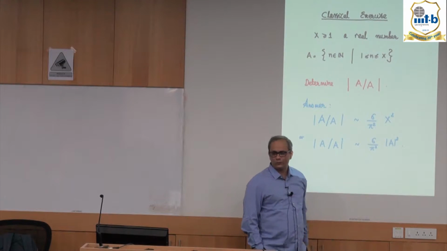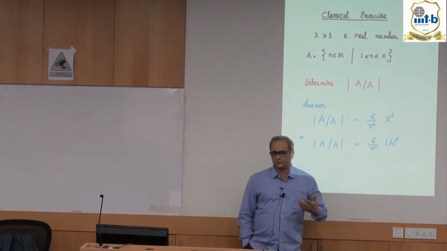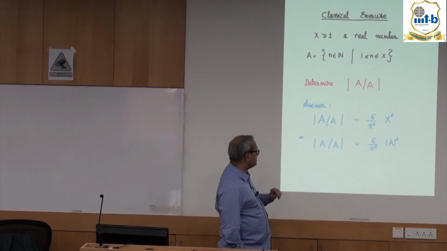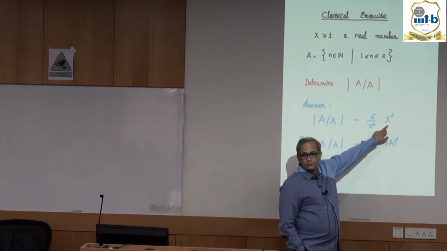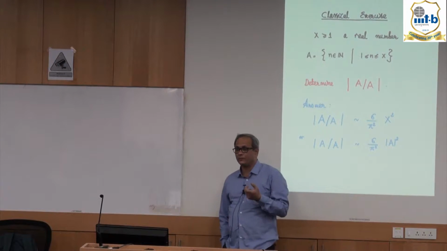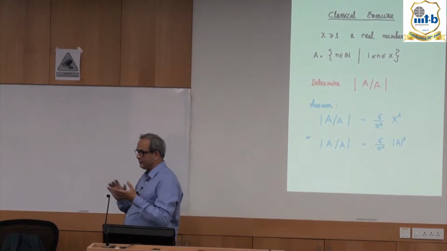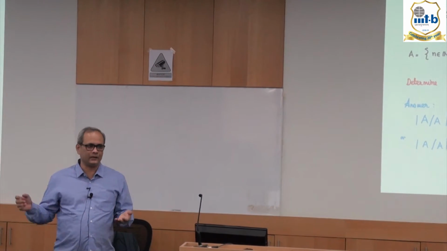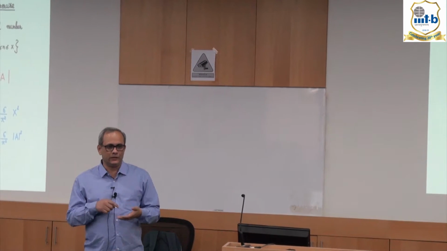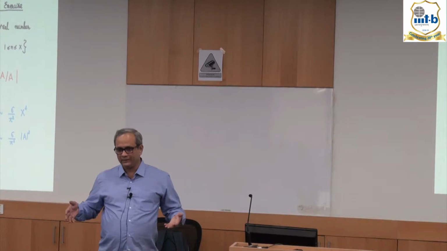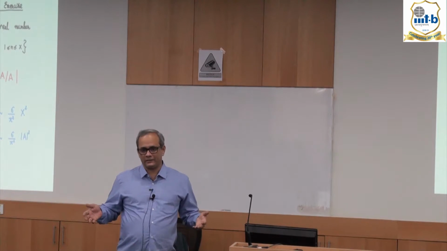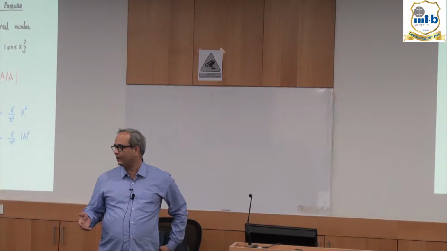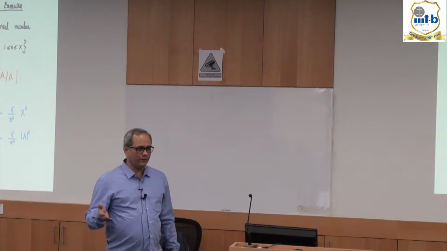You have 1 over the sum of 1 by n square, which is 6 by pi square, times x square. So it's not really all the possible pairs that are there. The number of pairs of integers from 1 to x is nearly x square, because the integral part of x integers from 1 to x give the integral part of x square pairs, but not all of them give different rational numbers. In fact, the number of different rational numbers produced is 6 by pi square, which is less than 1, times x square.